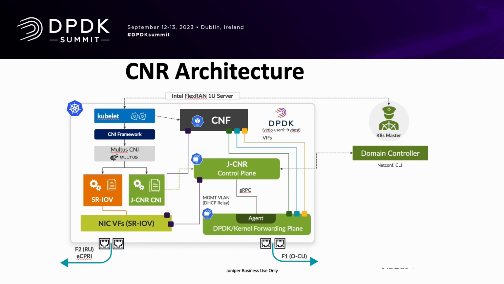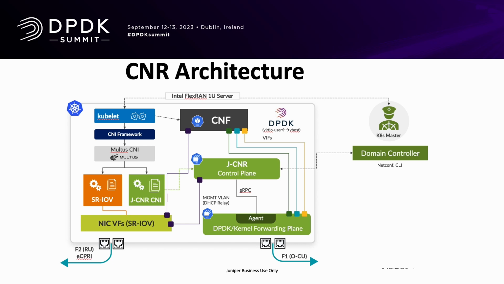There is a CNI, or the Container Network Interface, which is a piece of software used to provide networking capabilities as soon as a pod is launched. As soon as a pod is launched via the Kubernetes machinery using the kubelet, CNI will be invoked by the CNI framework.